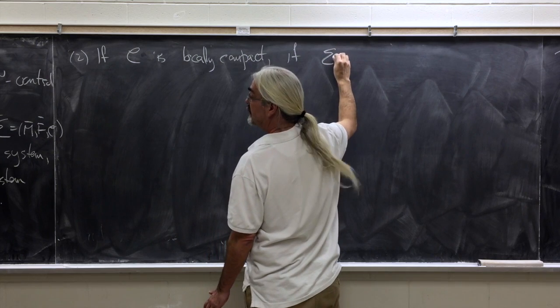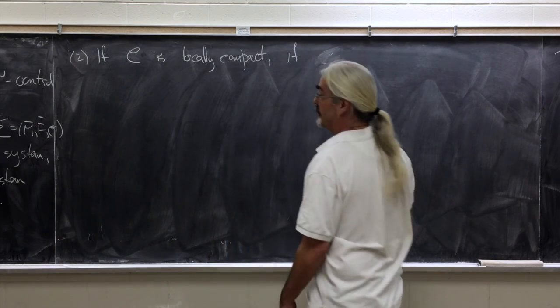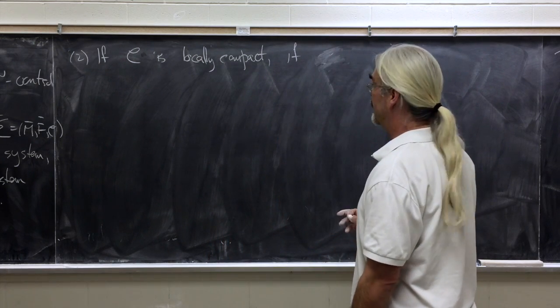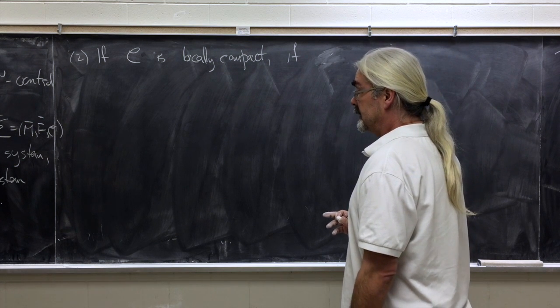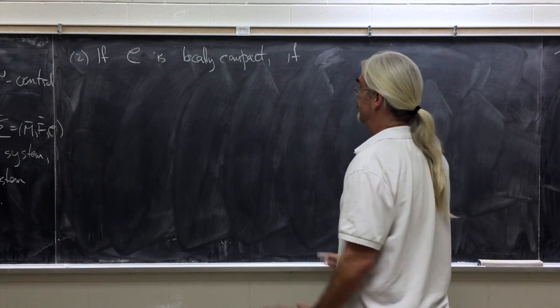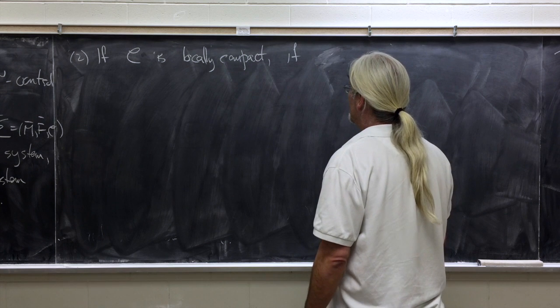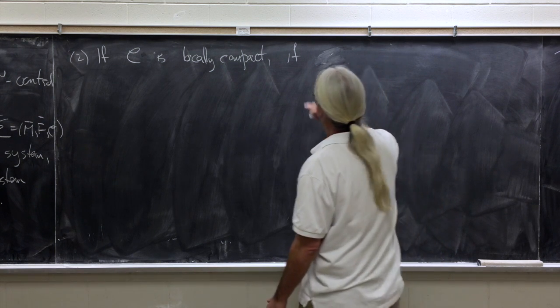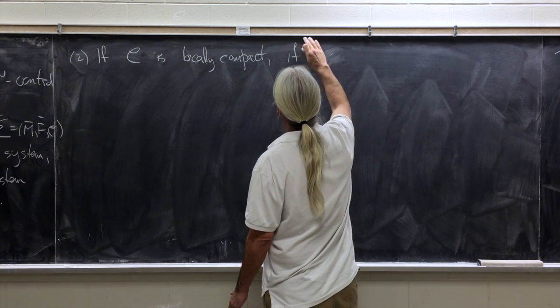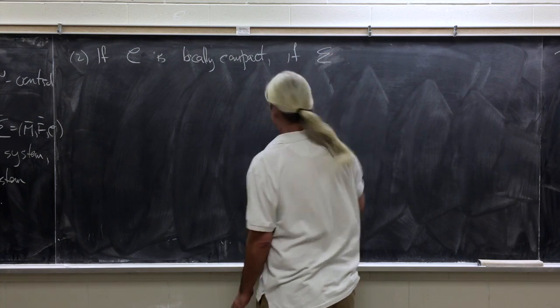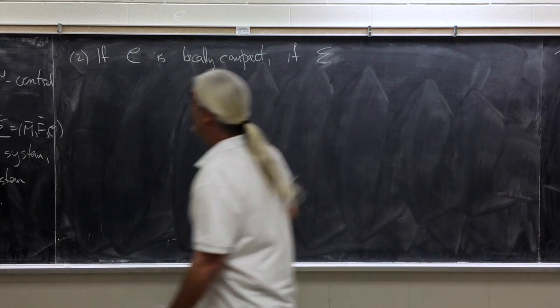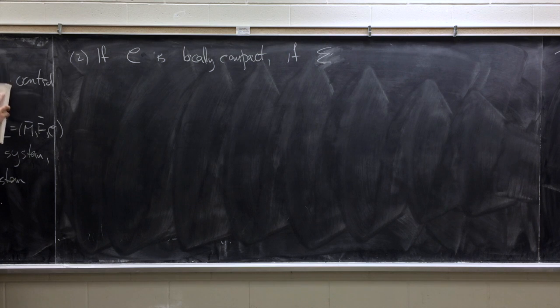I've already said that sigma is a C omega control system. So, what do I need here? Sorry, I think I want to remove that condition, because that's actually going to be part of the assumptions or part of the conclusions.